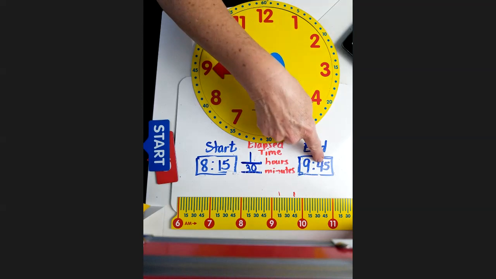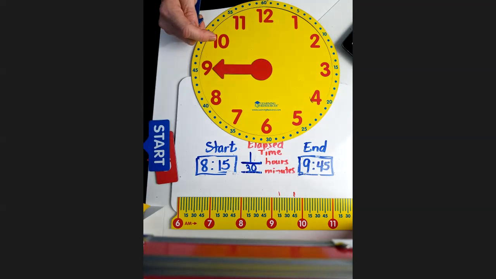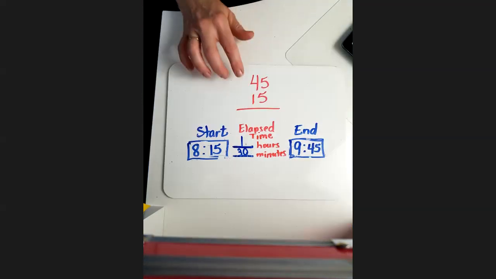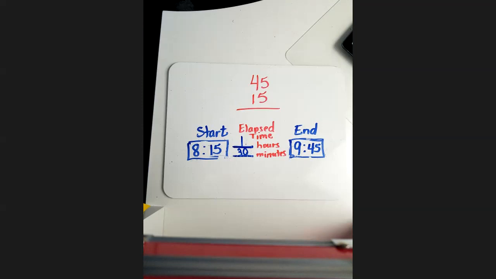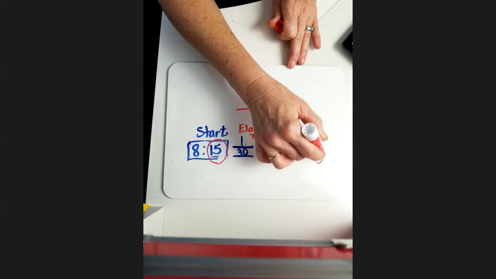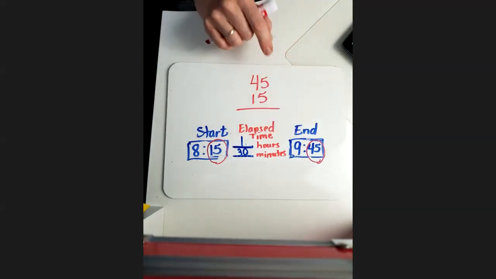Well, we can actually do a subtraction problem just using the 2 digits in both of the minutes. So let me set that up for us, and we'll come back and figure that one out. All right, so here we go. I have taken away the clocks, and we're going to focus only on the minutes, because we already know 1 hour is the difference here.